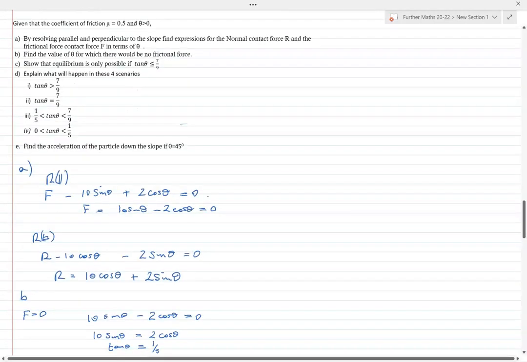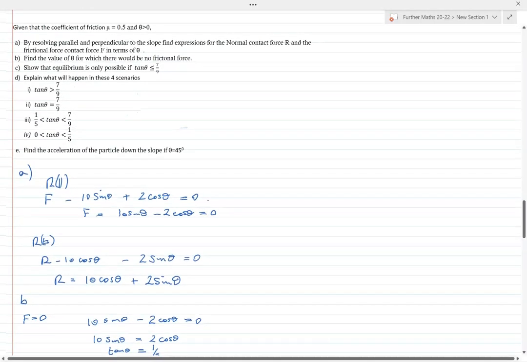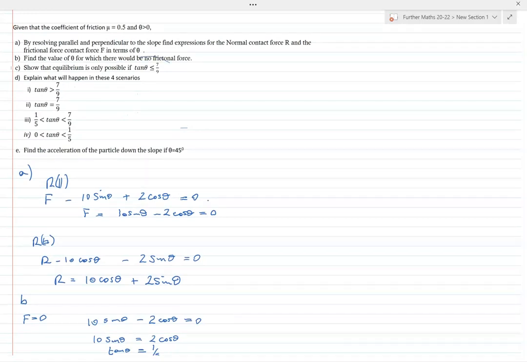Okay, so the next part is where the idea of limiting friction really comes into play. If ever you see an inequality in a statics question, it's going to involve the fact that friction is limiting. There's a limit to what friction can be, and that's the thing that enables us to get our inequality.